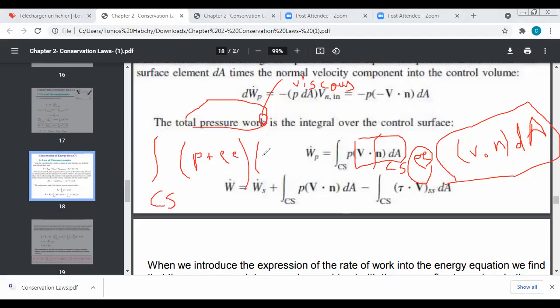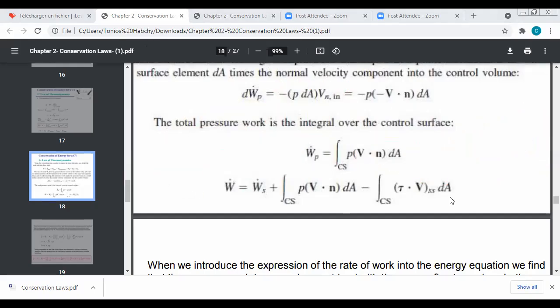Because these two terms have something in common, we will group them together in one term, and we will see what is the advantage of doing this.